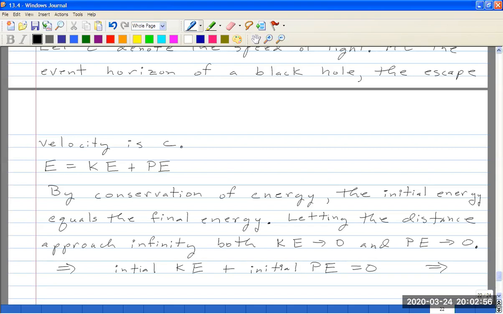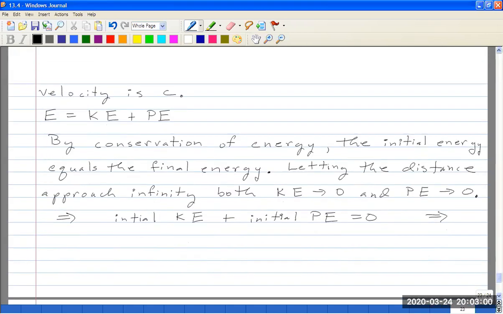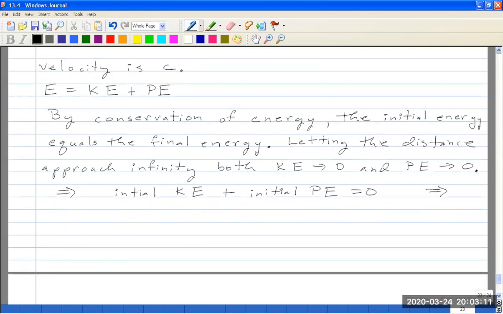Therefore, the initial energy of your system must be zero. And so the initial kinetic energy must equal the initial potential energy. The kinetic energy is just 1/2 mv squared.